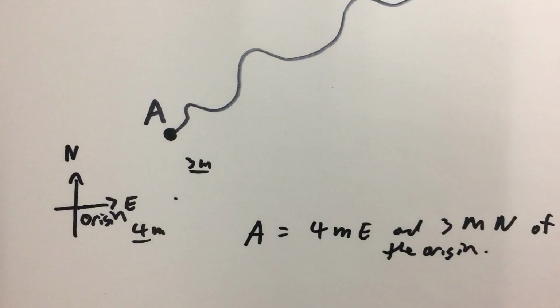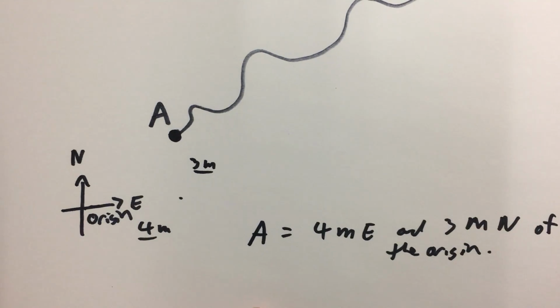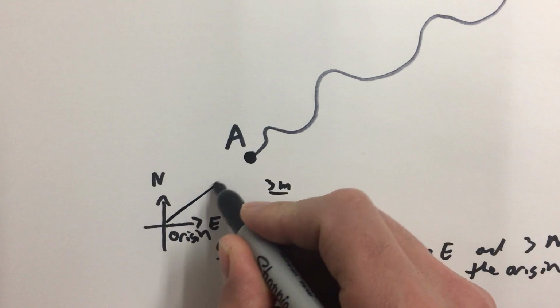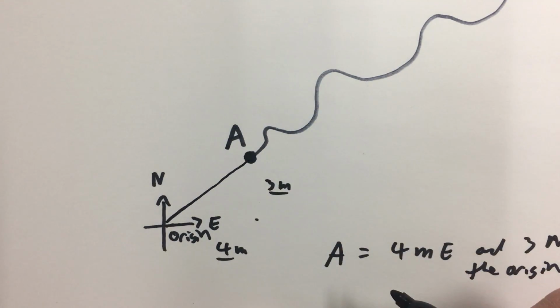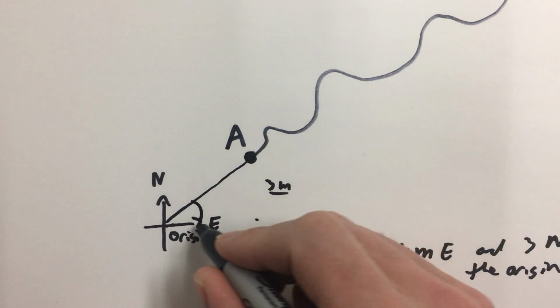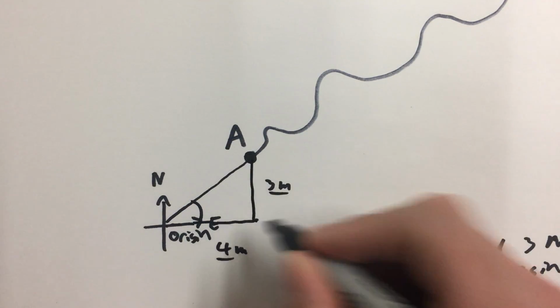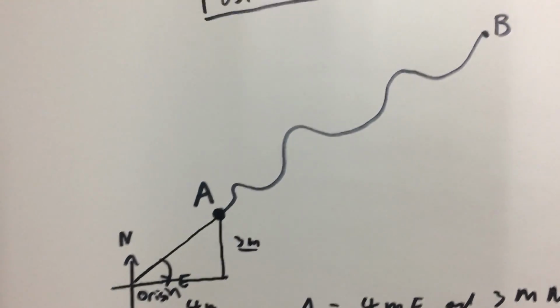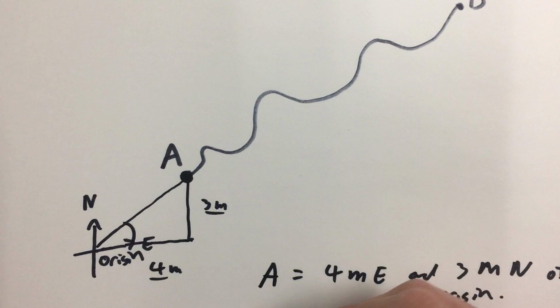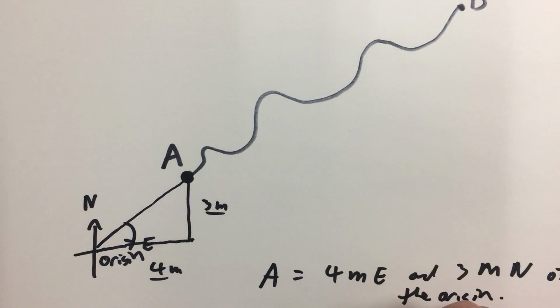Now there's an easier way to describe that. I could describe how far away we are from the origin and specify the angle. So position A is at a distance which is the square root of 4 squared plus 3 squared. That's position A's distance.